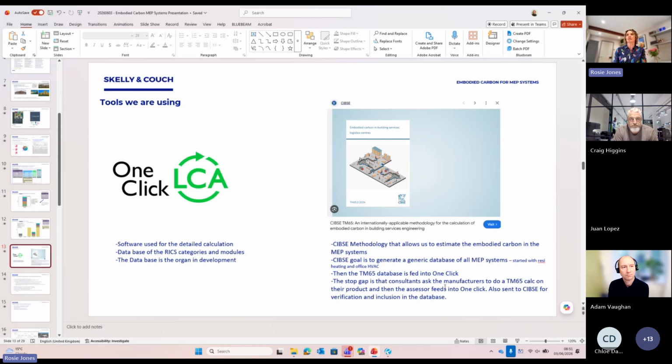But we're also giving that information to CIBSE, who are verifying it and consolidating it against other suppliers' information. The goal is that you don't ask for a Clivet heat pump, you ask what's the embodied carbon of a 500 kilowatt heat pump. So we're on the way, we're just not there yet.